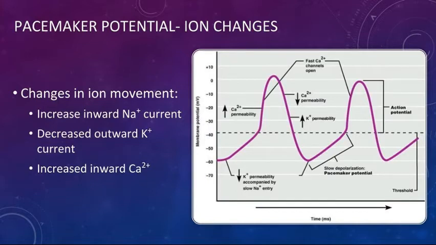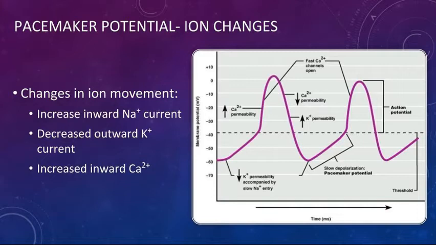There are three changes in ion movement that give rise to the pacemaker potential. The first one is an increased inward sodium current. This causes slow depolarization to threshold. Sodium enters through voltage-gated channels unique to cardiac pacemaker cells, called funny or IF channels.